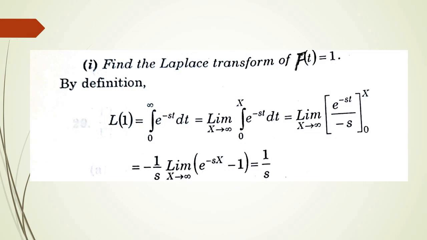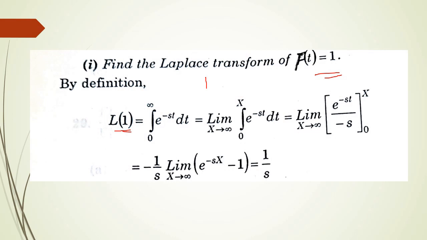Now we have taken an example over here. In that mathematical expression, if f of t is 1, then according to the definition, if we want to determine its Laplace transform, it becomes the integral from 0 to infinity of e to the power of minus st f of t dt.